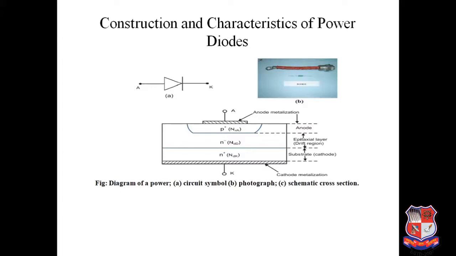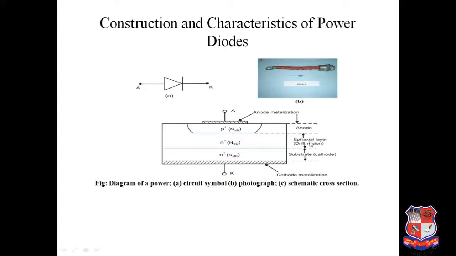So to overcome this problem, we come up with a lightly doped drift layer, and that is known as a power diode. Here you can see that on the cathode side, we added some epitaxial layer, and that is nothing but a drift region.